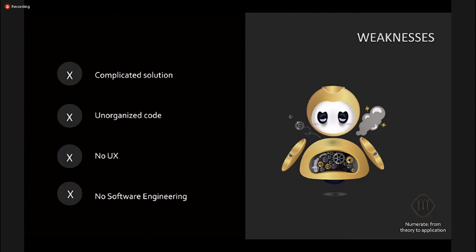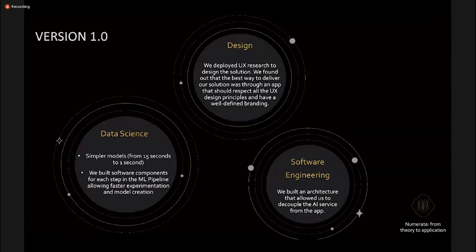We had poor documentation, and the solution we built had no user experience and no software engineering. So we took into account everything that I've just told you, and we built a version 1.0.